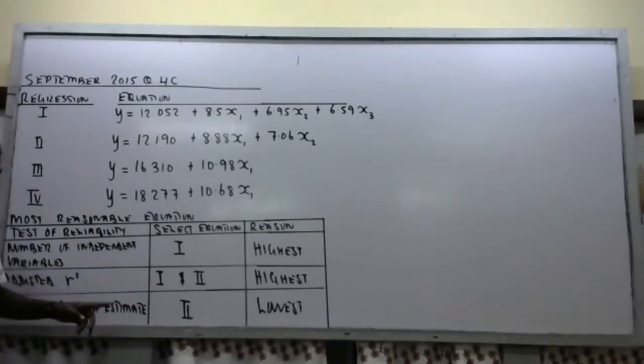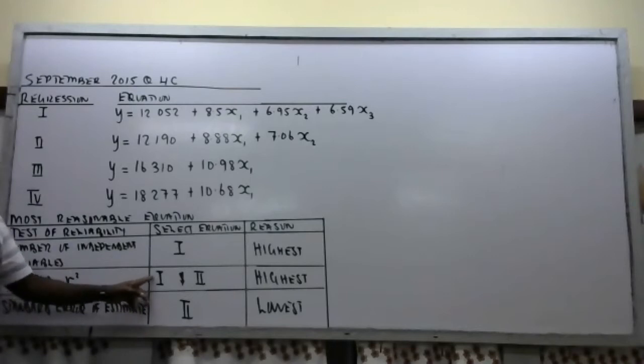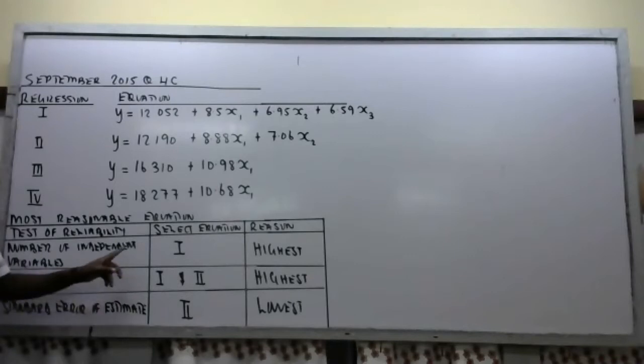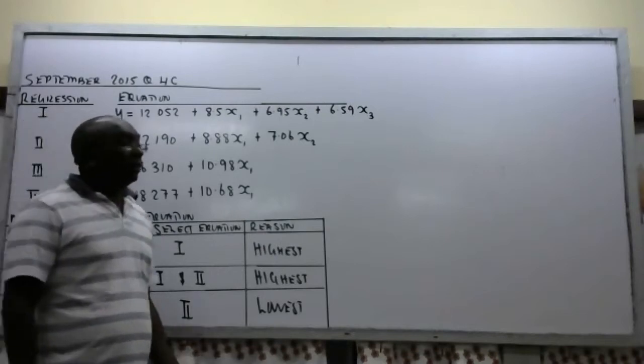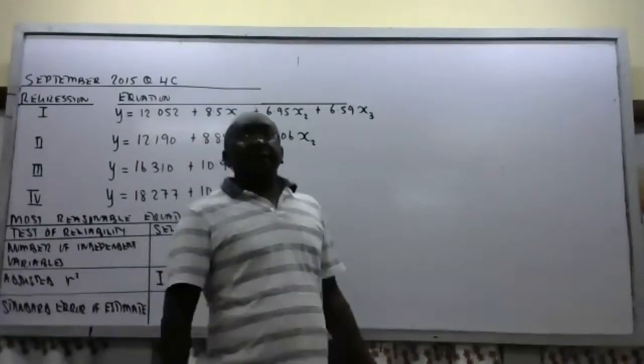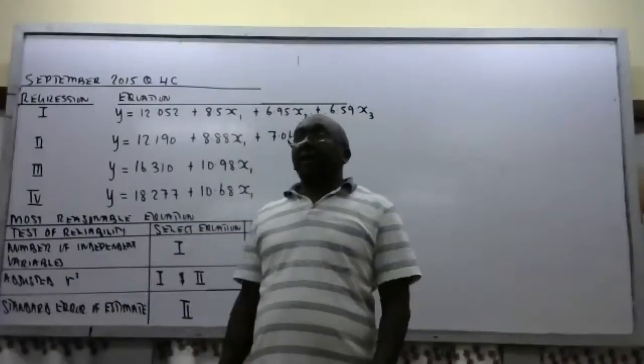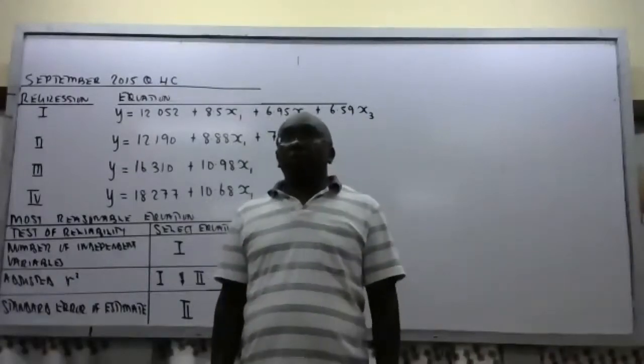Since here they were equal, you disregard this one. It becomes irrelevant. Then you ask yourself, between the independent variables and the error, which is more important?